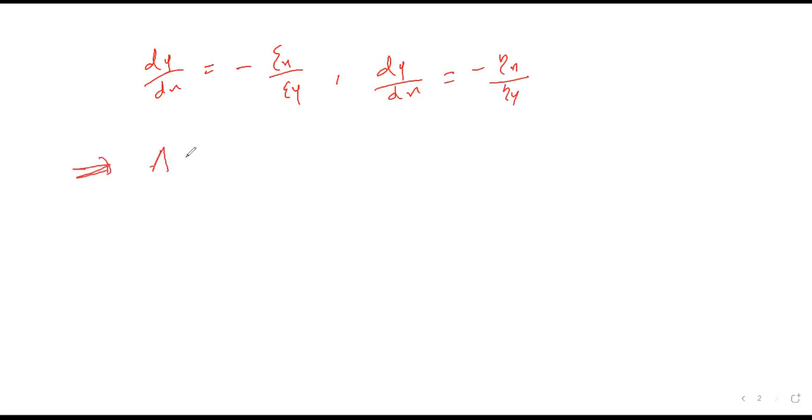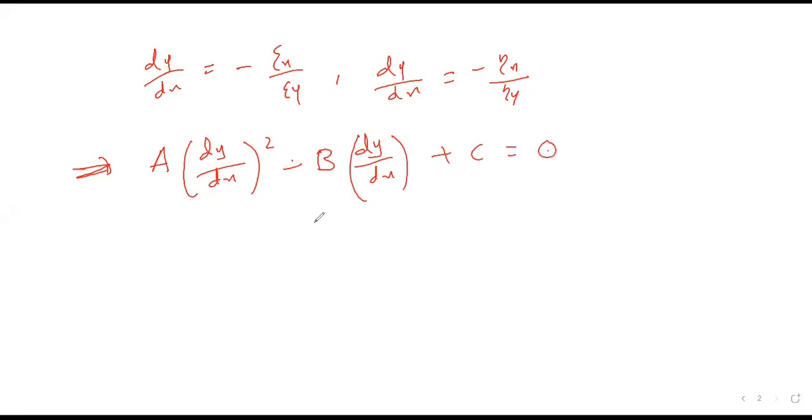That means for zeta x over zeta y, I can put negative dy over dx whole square for the a term, and for the b term, negative dy over dx, plus c is equal to 0.